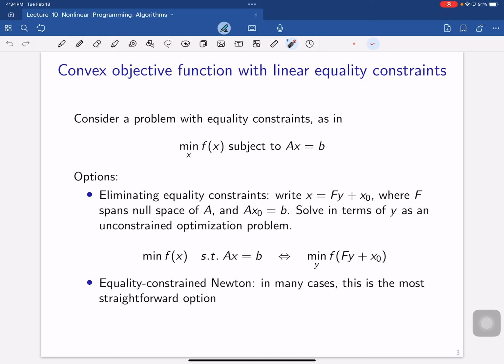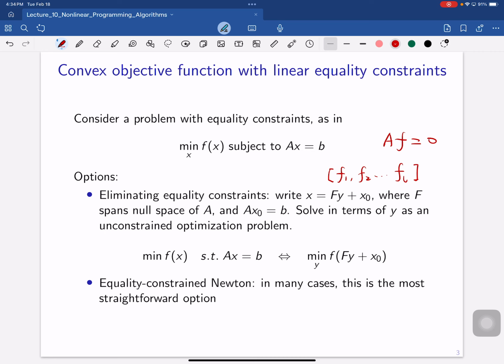So if you think about F as vectors f1, f2, all the way to, let's call it, fl, all these satisfy Af equals 0, right? That means F is in the null space.